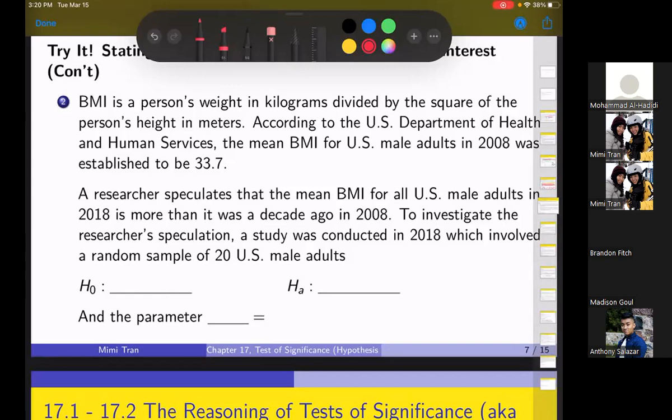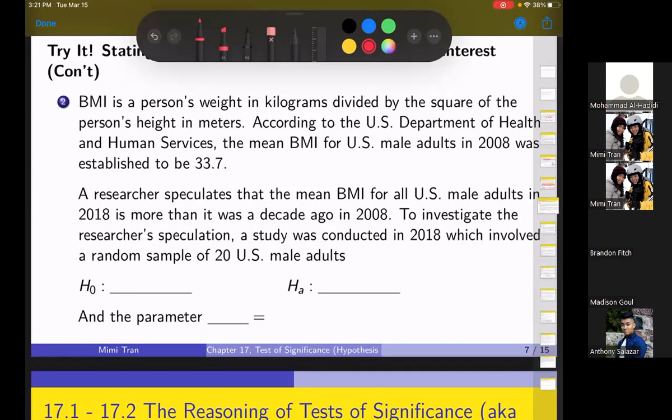Do I want less than on the exam? I don't think I'm gonna take the points off, but I prefer just equal. It's a status quo, so there's no change, no nothing. So I would prefer equal instead of less than. For equal, make sure you say H not.